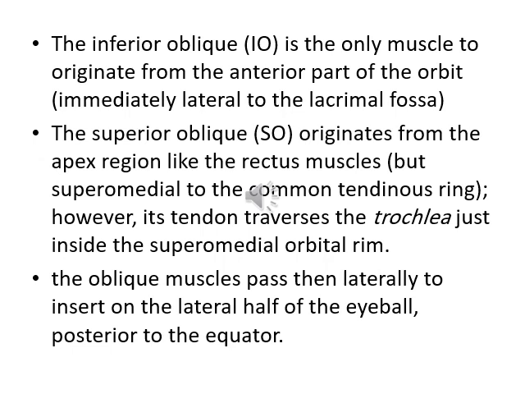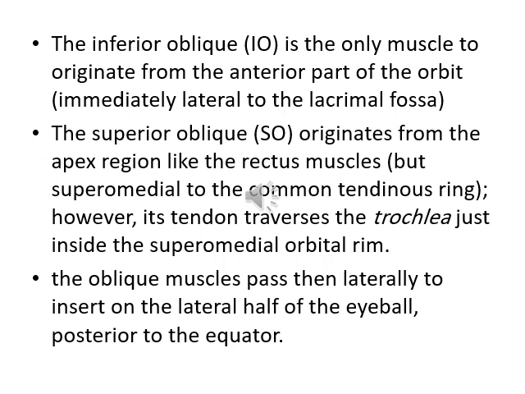As we said, the inferior oblique originates from the floor of the orbit, just lateral to the lacrimal fossa, while the superior oblique originates also from the orbital apex, superomedial to the common tendinous ring. So outside the tendinous ring, superiorly, slightly medially, this is the region where the superior oblique muscle originates.